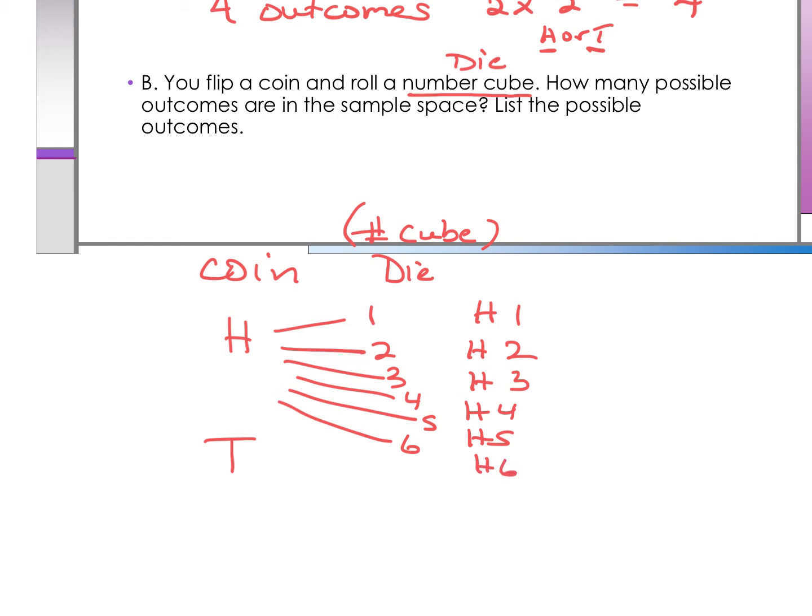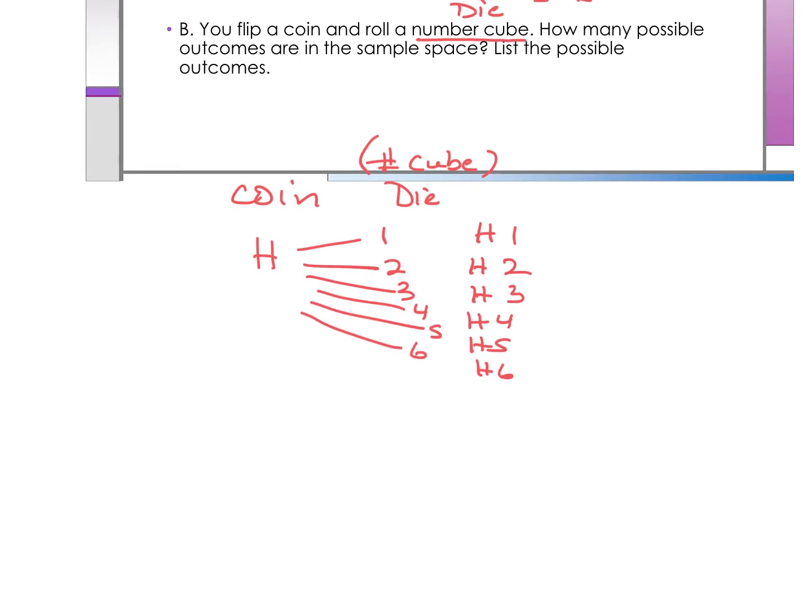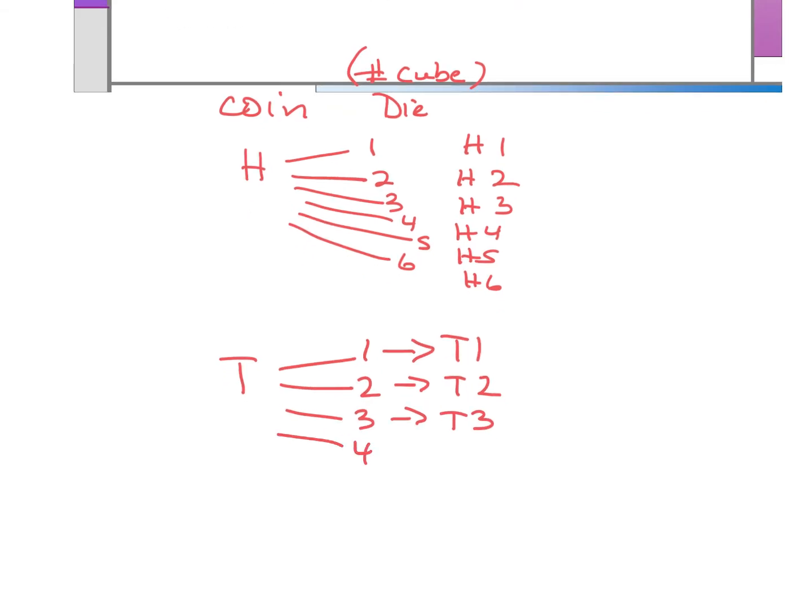Then I'm going to do the same thing with the tail. When I flip the coin, and let's say instead my coin landed on tail, and then I roll the dice, I could get a tail with a 1, a tail with a 2, a tail with a 3, a tail with a 4, with a 5, and with a 6.